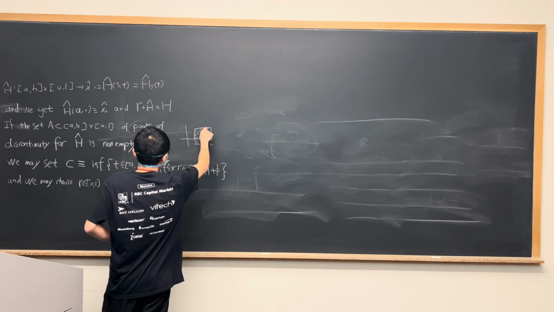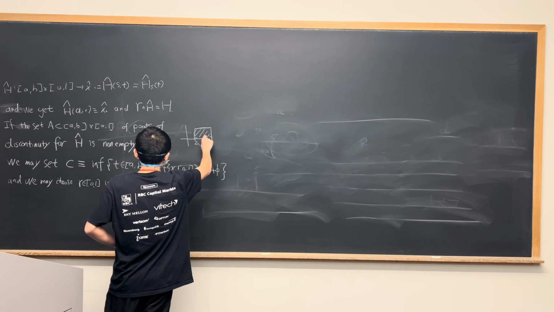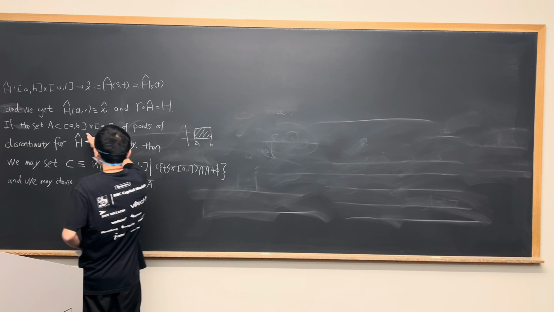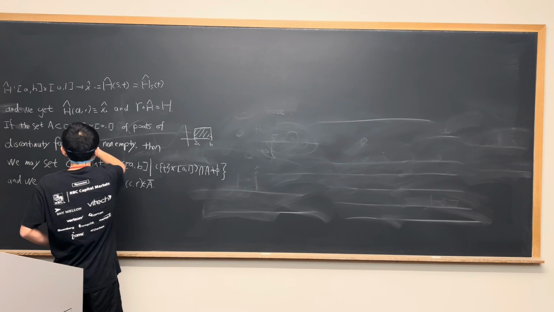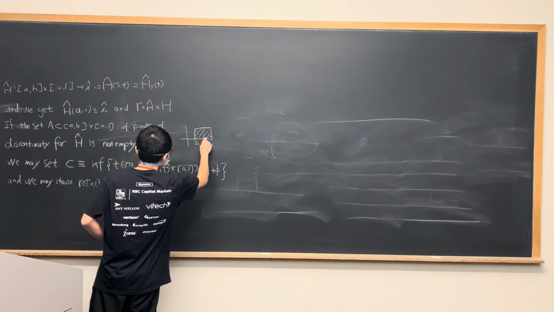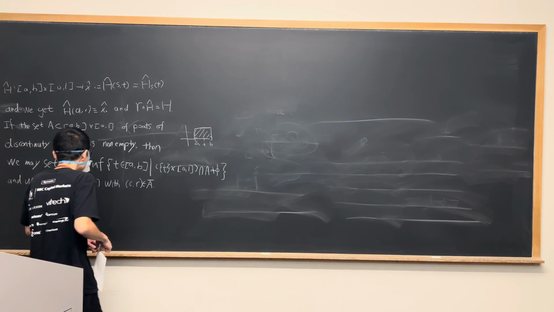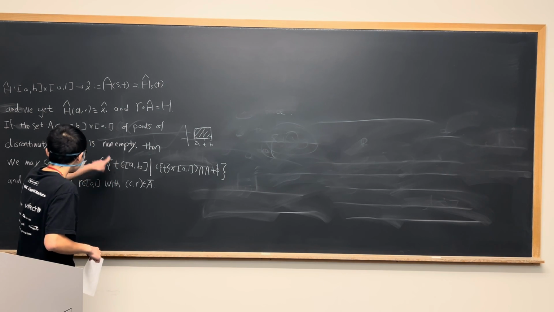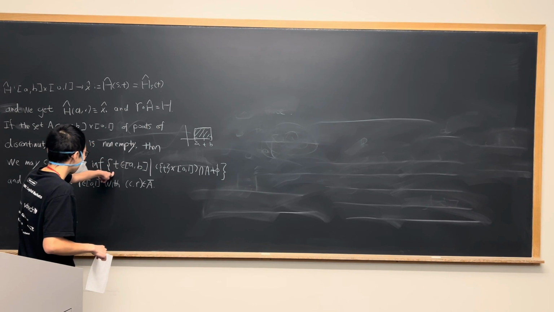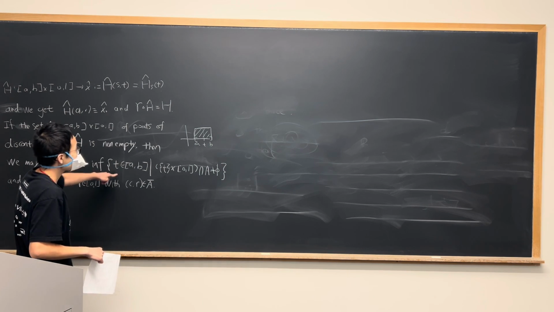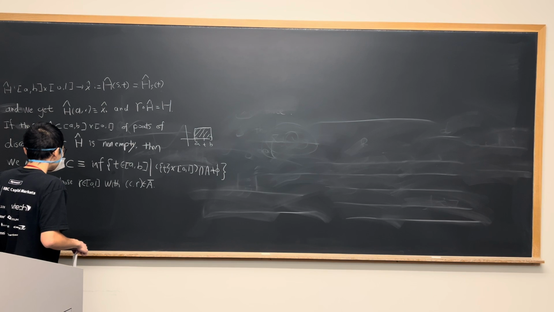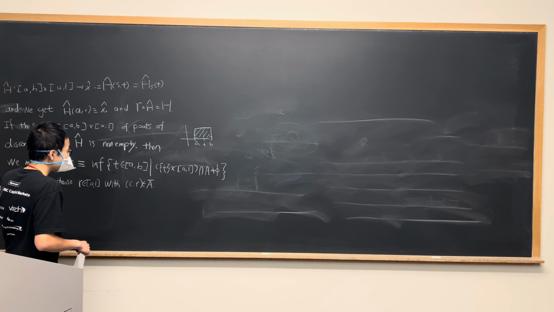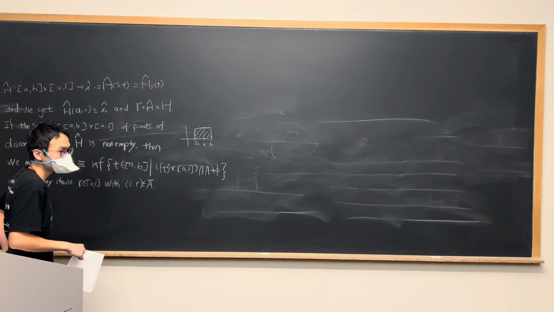Because the first coordinate is in [a,b], I just take t to be the first coordinate. So if A is not empty, then this set is not empty. So I take C to be the infimum of this set. This set is bounded, so therefore it has an infimum.